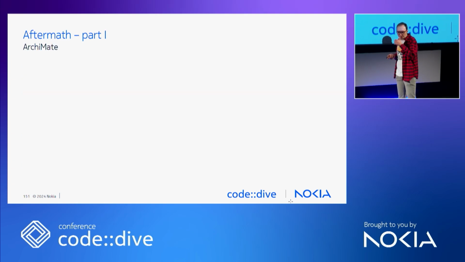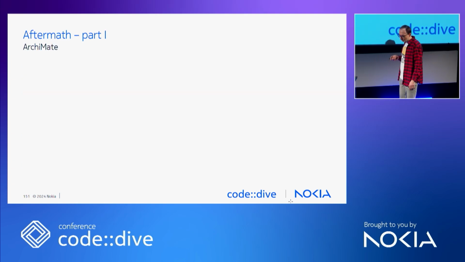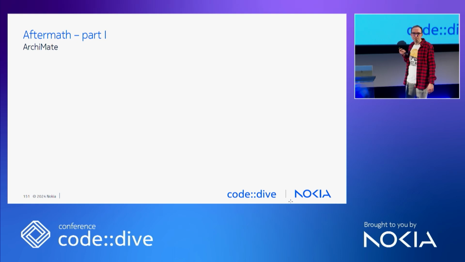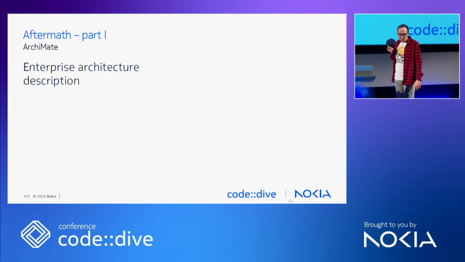First is called Archimate. This work was done between 2002 and 2004 by a consortium of Dutch companies and academia, sponsored in part by Dutch government. This is not really an architecture description language, but rather an enterprise description language.